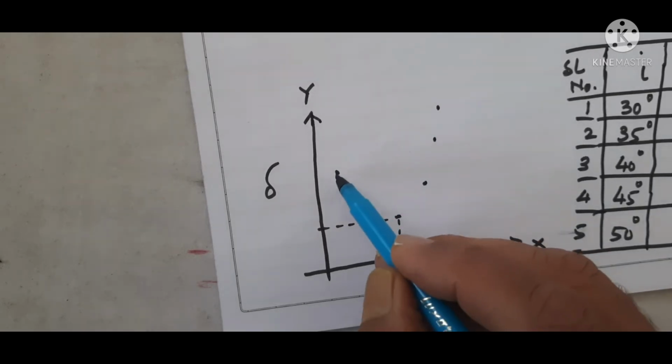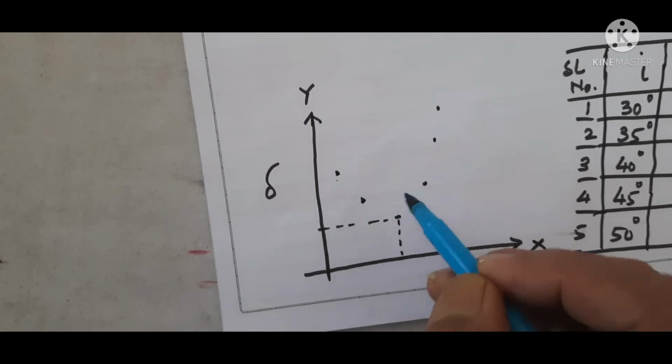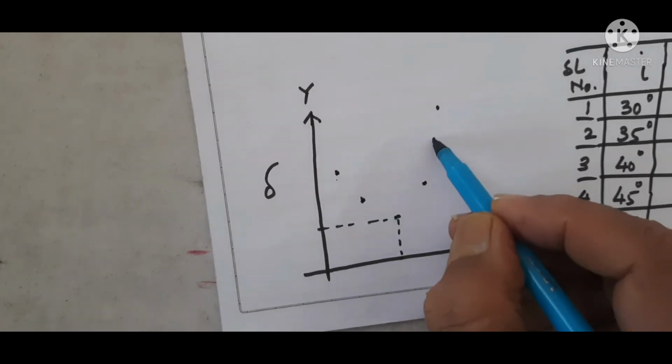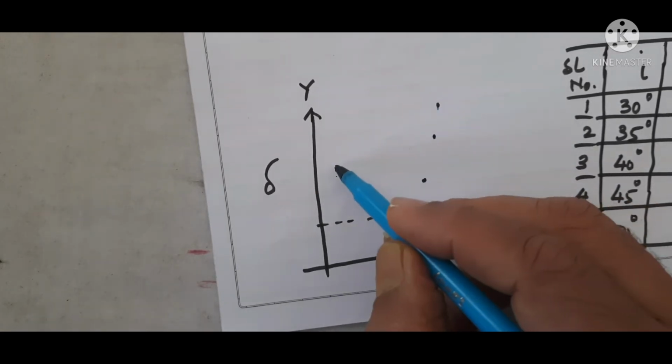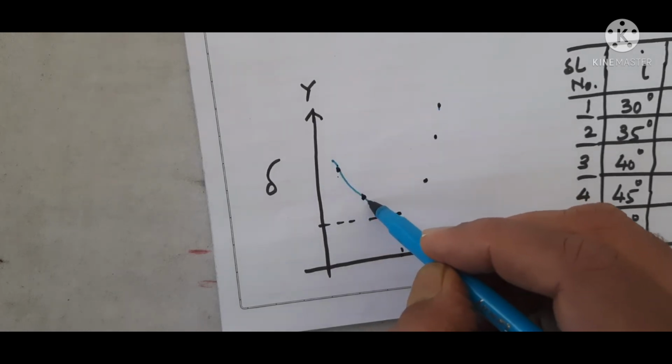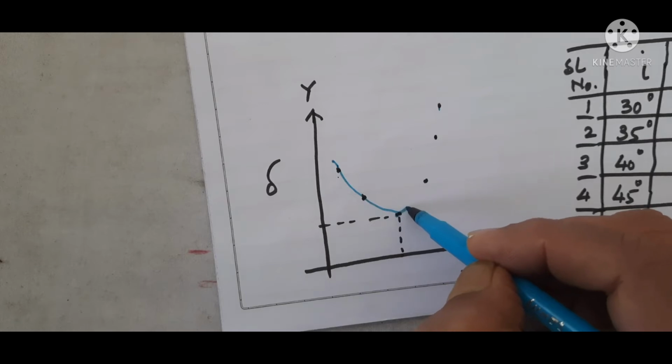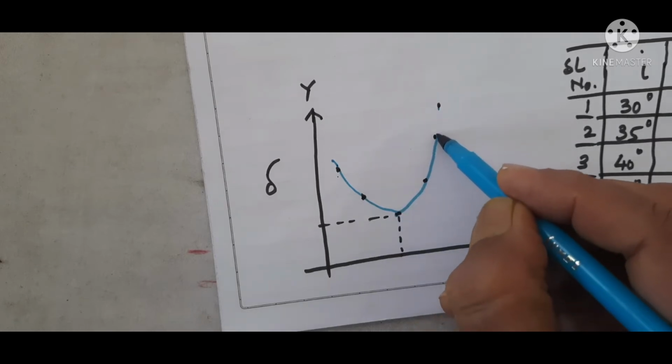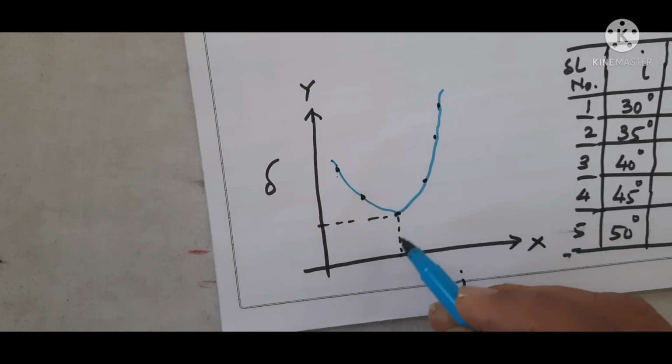Then after plotting these different points, you have to use freehand to join them into a curve, not a scale. So we will get a graph like that.